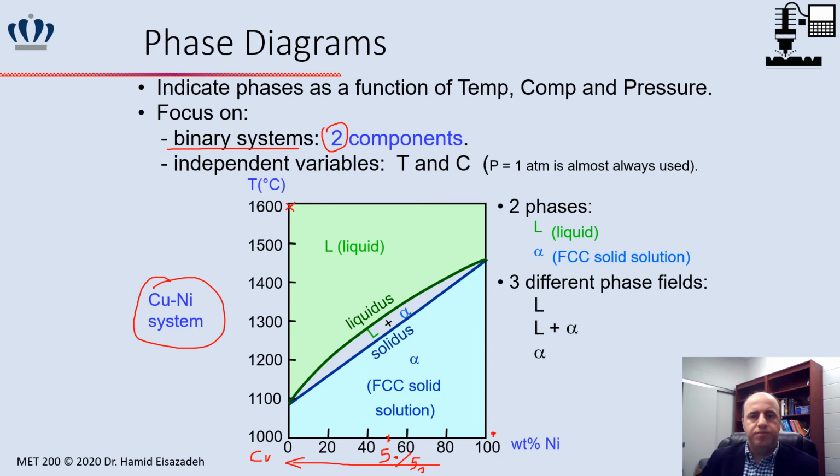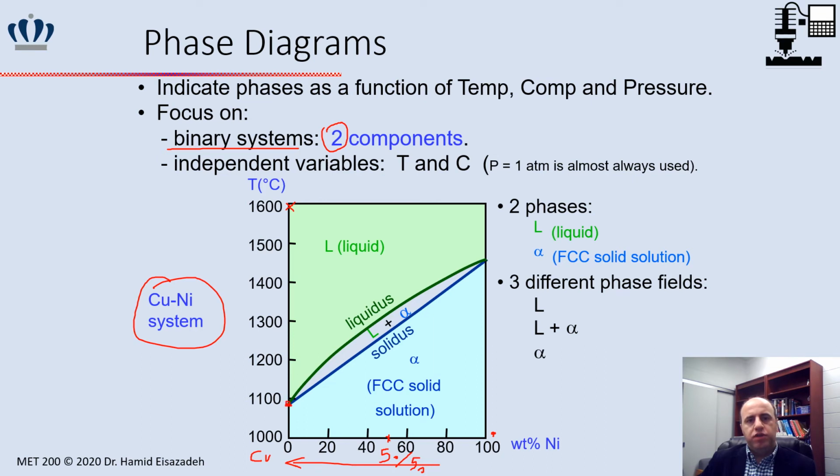We have three separate areas. As you see here, in this blue region, we have a complete solution of nickel and copper. It's called FCC solid solution.